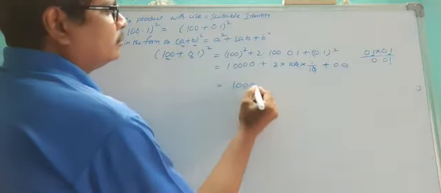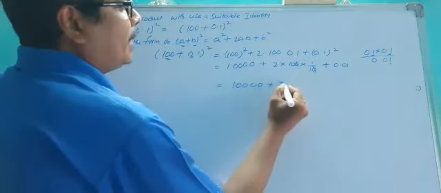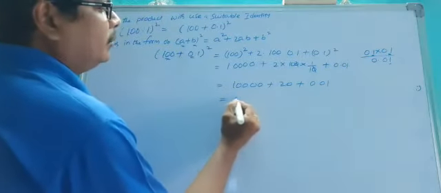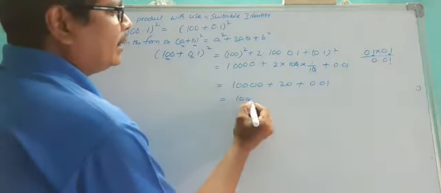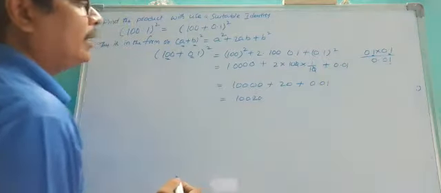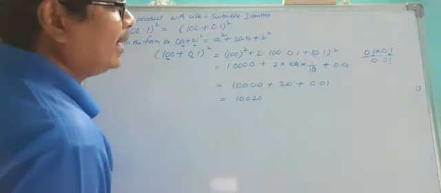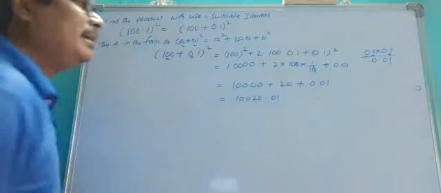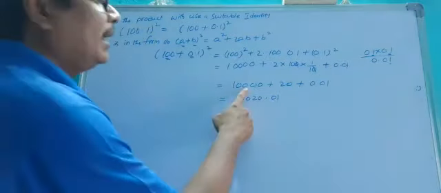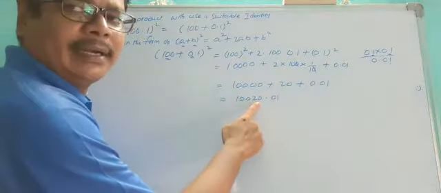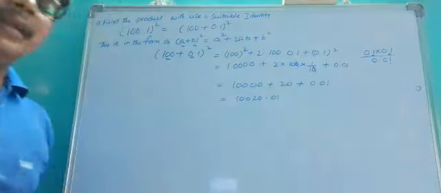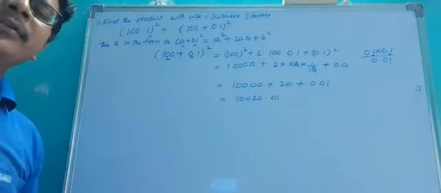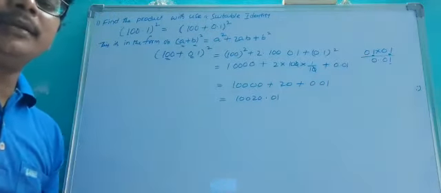So 10,000 plus 20 plus 0.01. 10,020 plus 0.01, so the answer is 10,020.01.